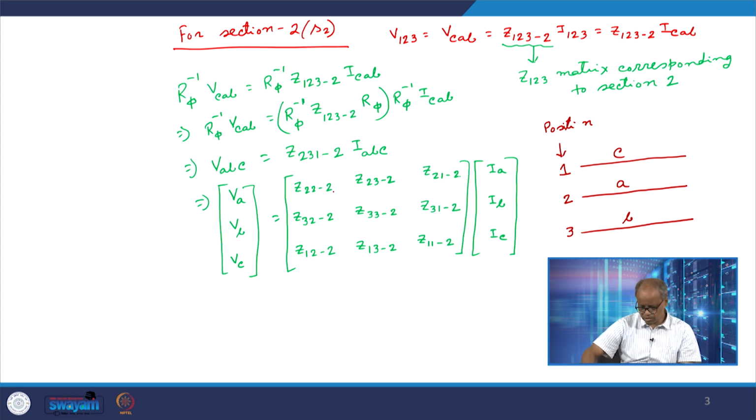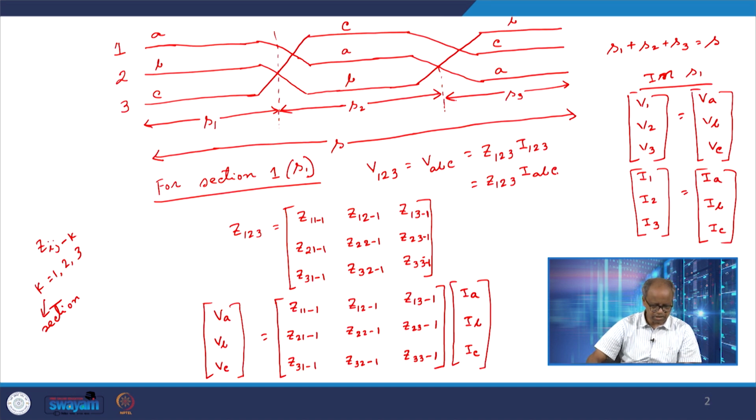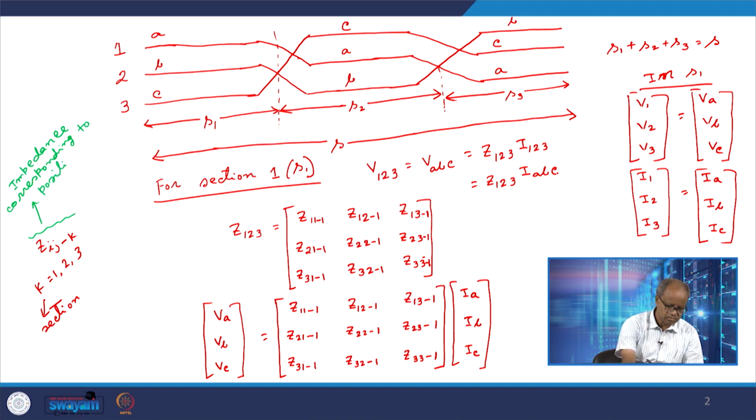Now please note that Zijk I can write more explicitly: this is basically the impedance corresponding to positions ij for section K, right.